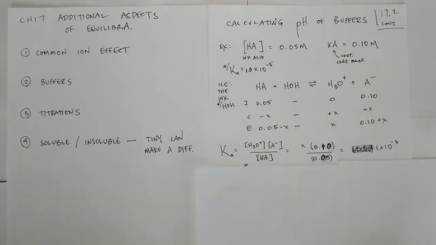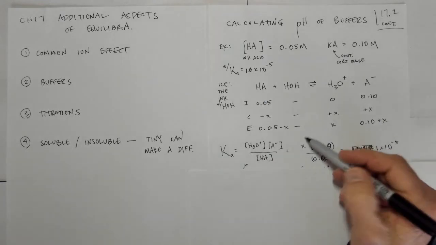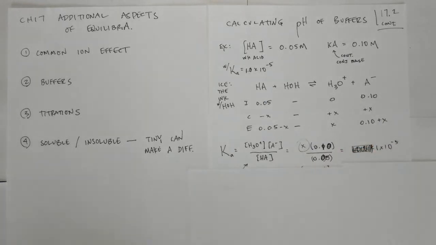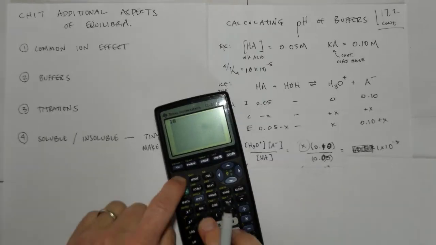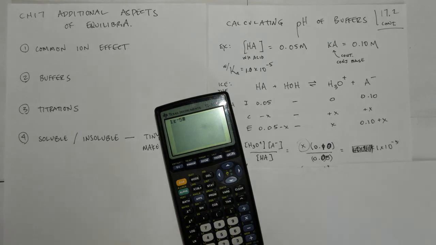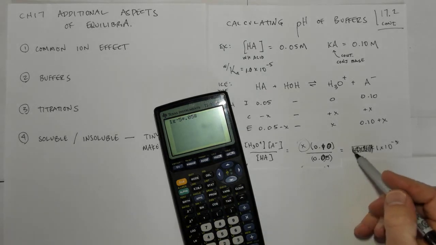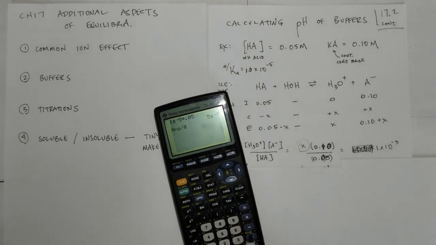which is the Ka right here. Okay, and if I do this and I solve for X right here, I would take 1 times 10 to the negative fifth, multiply it by 0.05, bringing this over here, and then dividing by 0.1, and I would end up with 5 times 10 to the negative sixth.